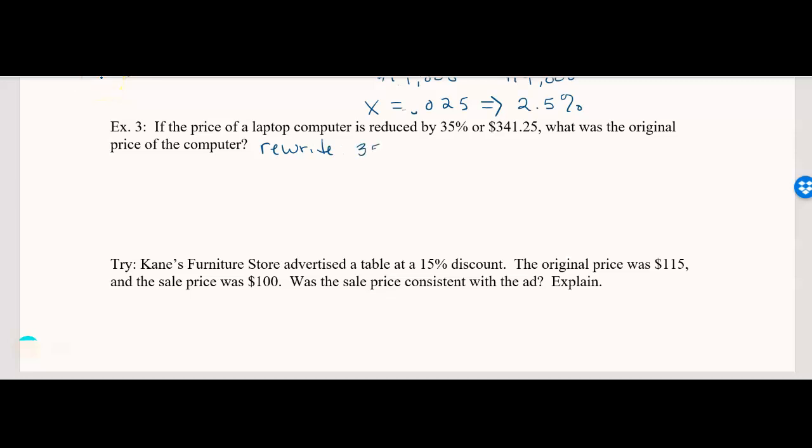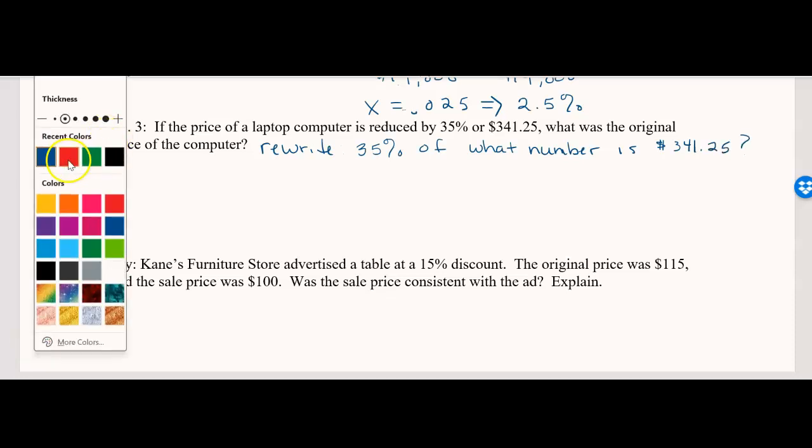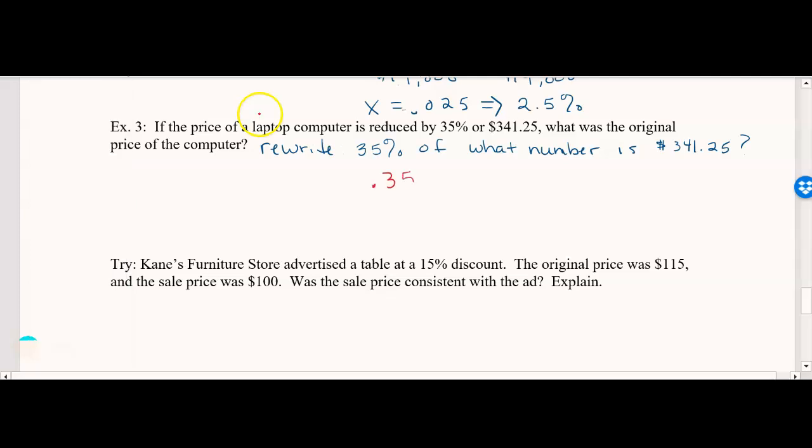We're saying 35% of what number is 341.25. I mean, that's what we're asking. Now I'm going to translate. 35% put in terms of a decimal. Of is times. What number? We don't know. X. Is, and then 341.25.